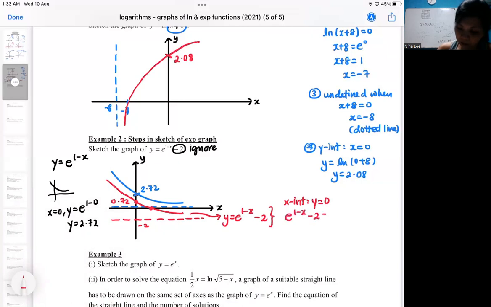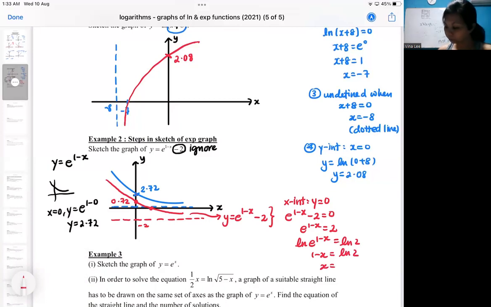So that's where a little bit of the logarithm comes into place. So you got to ln both sides. And then you got to find your x. Okay, you can do your punching, you'll get 0.306. So it ends up cutting at 0.306.